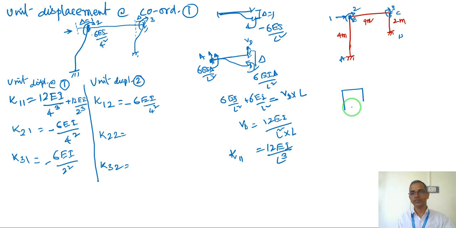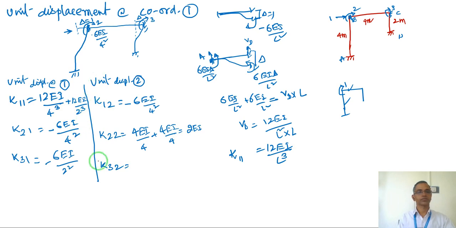Look at this joint rotated by unit. So this column and this beam both are affected with 4 EI by L. So 4 EI by L of the column, which is 4, plus 4 EI by L of the beam, which is also length 4, which is 2 EI.